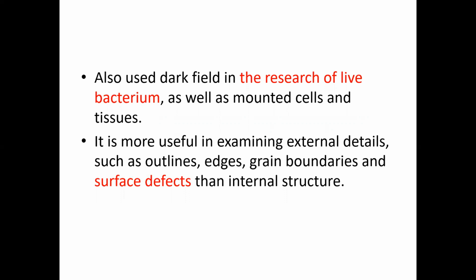Whereas in dark field microscopy, only the light that is reflected and refracted by the specimen enters into the objective lens and goes out to form the image. And that is why we see a bright image and a darkly stained specimen in the case of bright field microscopy, whereas in the case of dark field microscopy, we see a dark background with the illuminating cells.